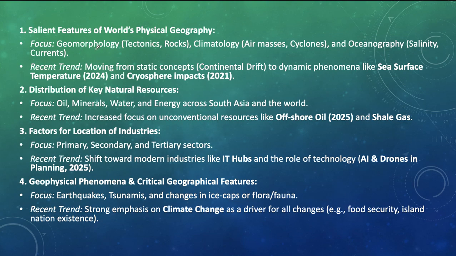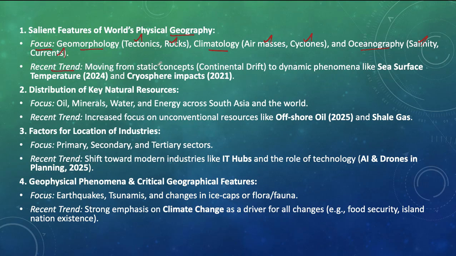Let's now go into the syllabus component and the recent trend change. Salient features of world physical geography. Here usually the focus by the UPSC examiner will be: in geomorphology, they will ask on plate tectonics, rocks concept; in climatology, air masses, cyclones concept; in oceanography, salinity, ocean currents concept, students.